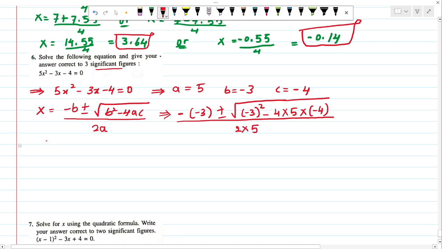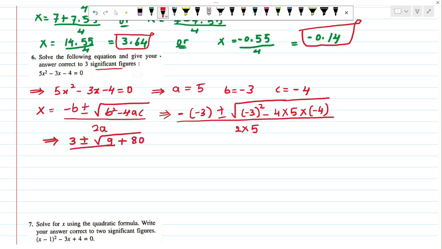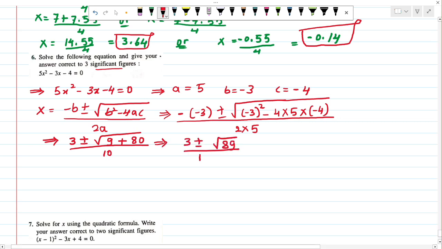If I simplify this, I'll get 3 plus or minus root of 9 plus 80 divided by 10. So plus or minus root of 89 divided by 10.